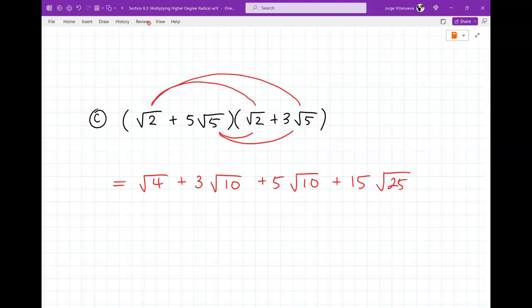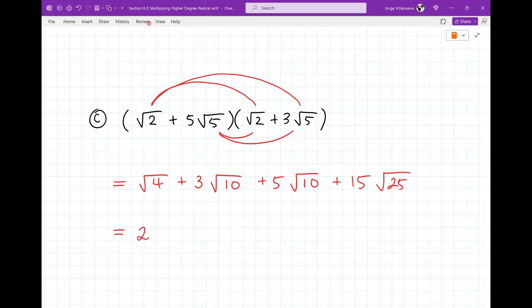Notice I do have some like terms right here, okay? 3 radical 10 and 5 radical 10. They're like radicals. So I can combine those into 8 radical 10. And then the radical 4 is going to become a 2. What's going to happen to the radical 25? That's going to become a 5. Okay, there's a lot of things that are going to happen right now. So here you go.